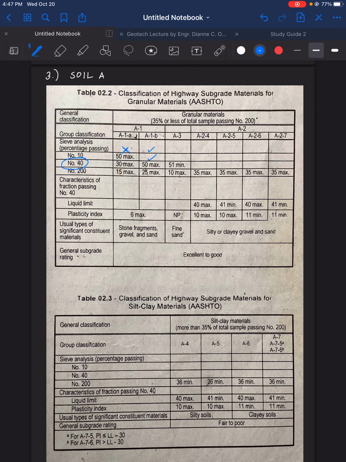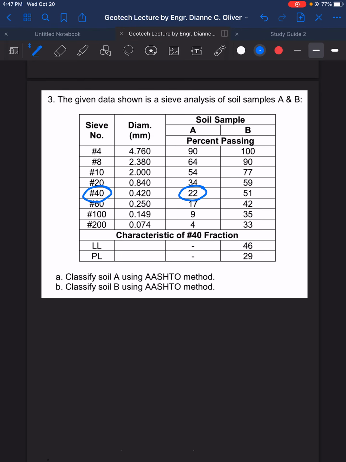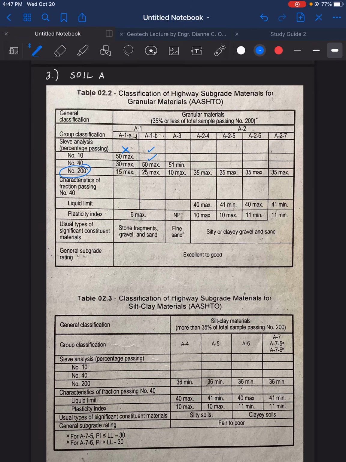So it is within the limit. 22 is within 50 max. Okay? It's good. Now, let's go to number 200. For number 200, percent passing is 4%. Let's go back to the table again. Does it satisfy the condition 25 max? Yes, again, because 4% is within 25 max.